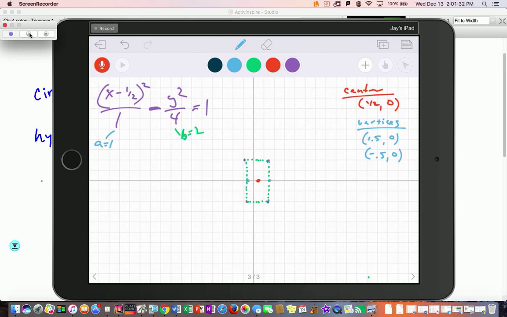Go up 2 over 1, up 2 over 1, down 2 over 1. But the corners, you want these imaginary lines, the asymptotes, to go through the center, through the corners of those boxes. Then you go back to your vertices and you draw in the hyperbola following that imaginary line.